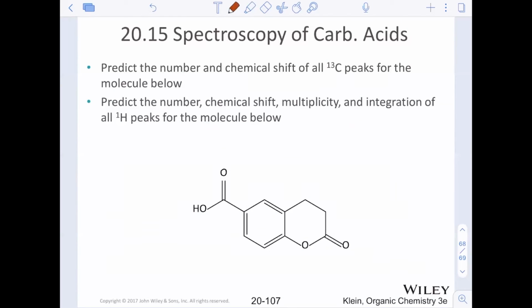So let's first do the carbon-13 and identify that this carbon would most likely be the furthest downfield, and this one, right? 3, 4, 5, 6, 7, 8 would all be in the range of our sp2 aromatic compounds. 9, 10 are a little bit further upfield. So there are 10 carbons. They will be all different.